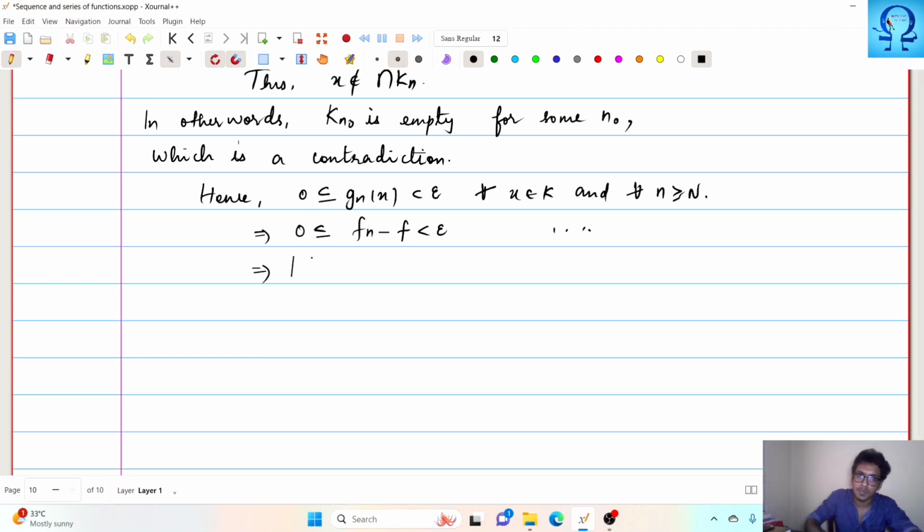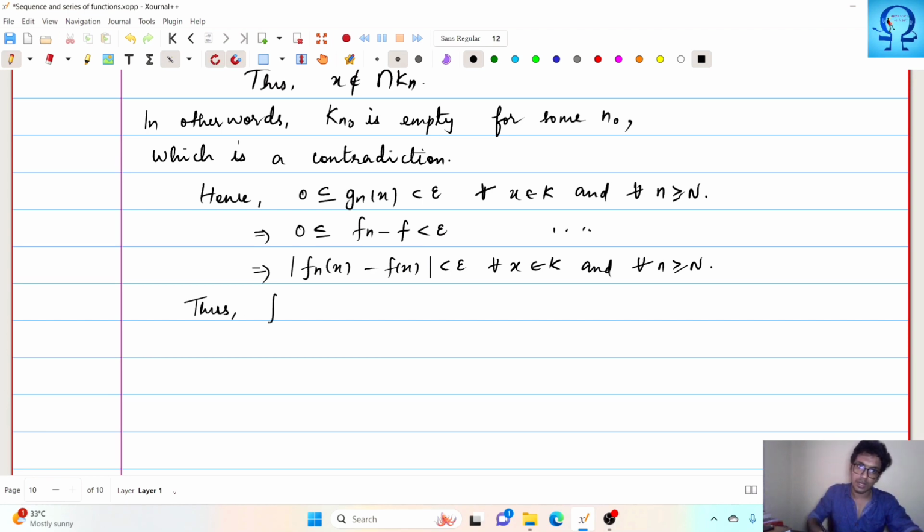That is, absolute of fn of x minus f of x is less than epsilon for all x in K and for all n bigger than or equals n naught. This proves, thus, fn of x converges uniformly to f of x on K.